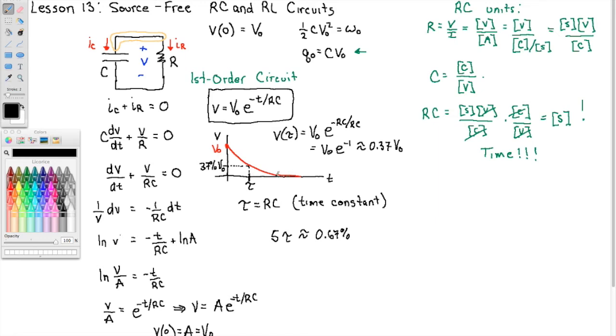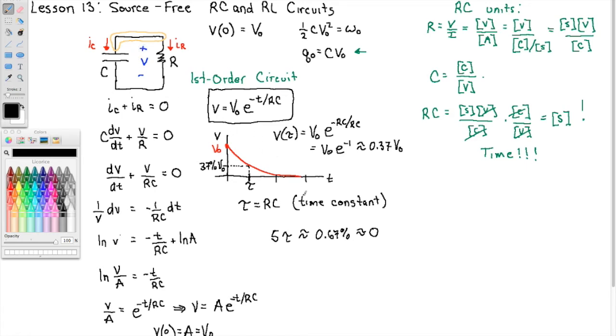If this is 1 time constant, 2 time constants puts us here, 3, 5 is off the graph somewhere over here. So you can see how small that would be. At this point we say this is approximately 0. That after 5 time constants, the capacitor has fully discharged its voltage. It's gone. It's completely gone. No voltage is there.